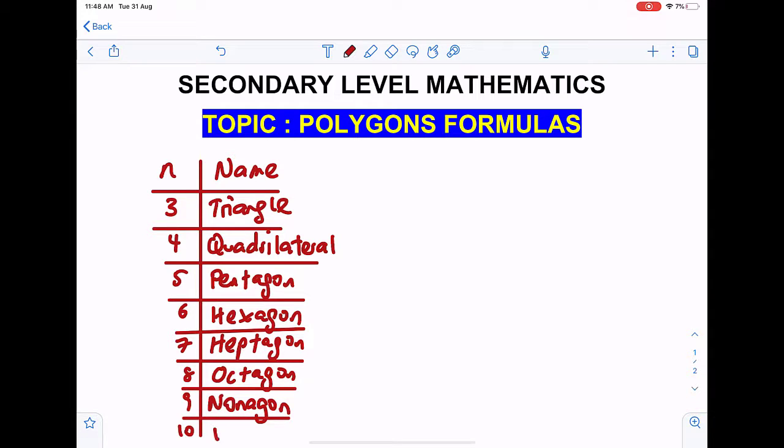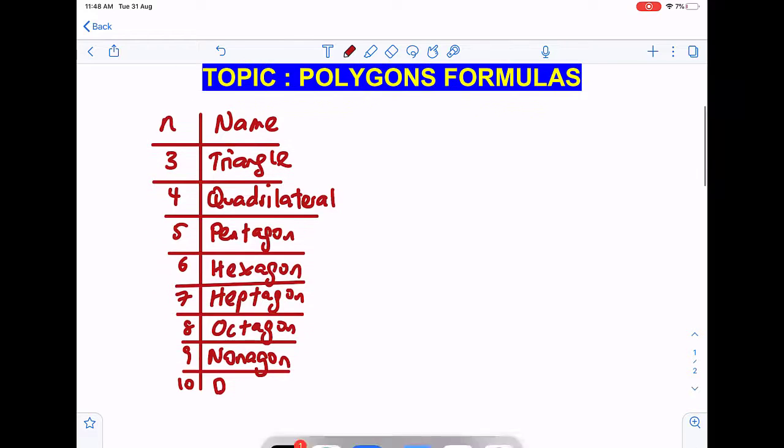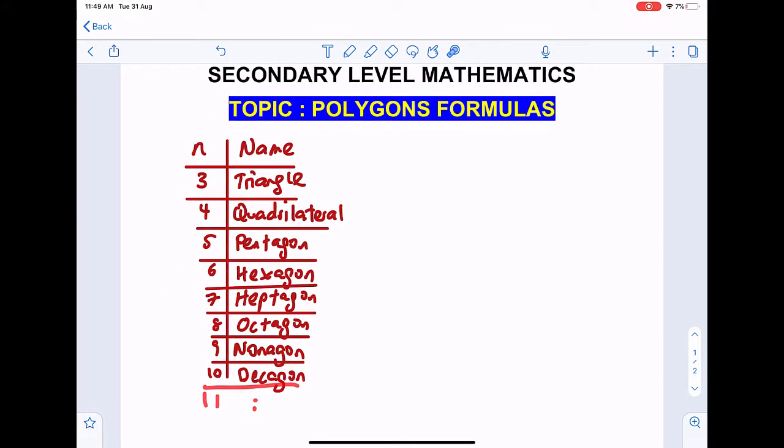This is called a decagon. Now, for the purpose of secondary mathematics, you just need to remember until 10-sided figures. Of course, there are names for 11-sided figures and so on, but you do not need to know their names. So these are the names of the various types of polygons.